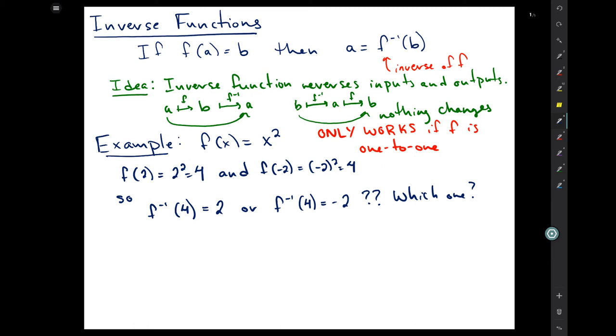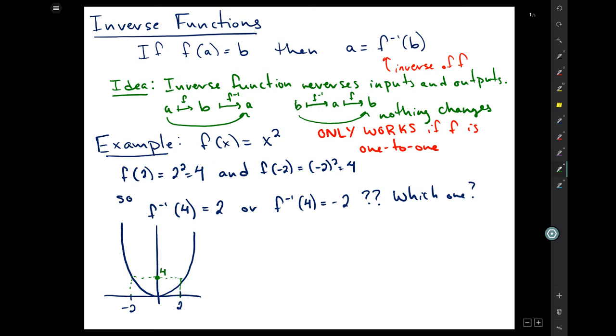In order for a function to be well defined, each input has to go to exactly one output, and here we have two different choices for where 4 would get sent. So one way to see this is if I graph f of x equals x squared, and so here is 2, and here's minus 2, and we can see that they both go to the y value 4.